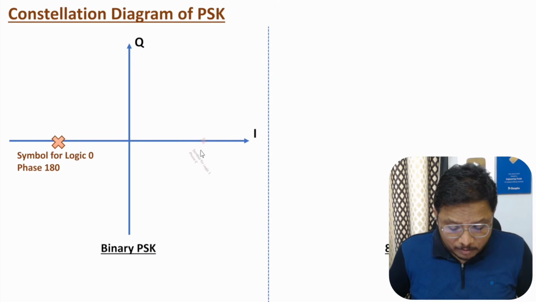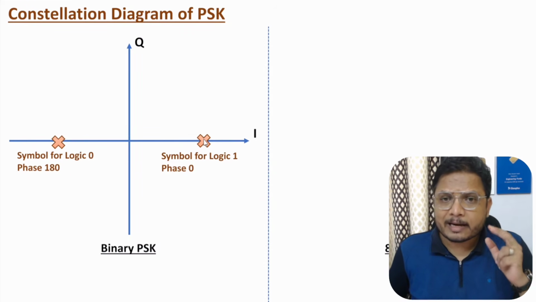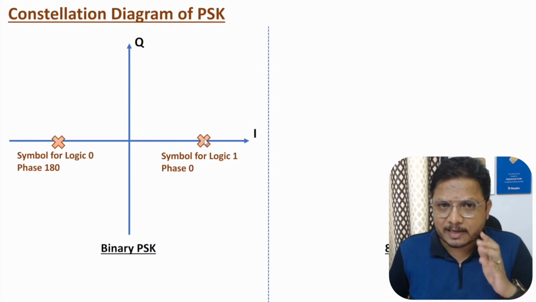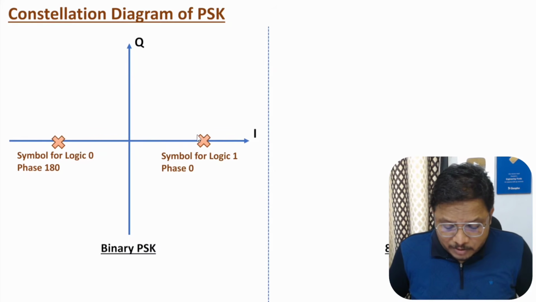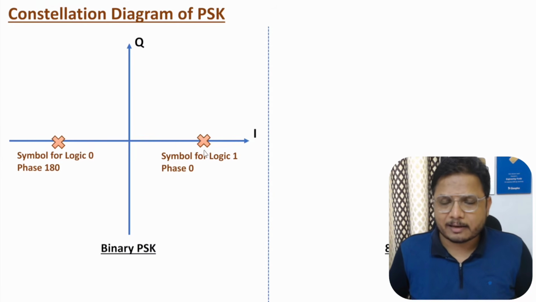And here we have the symbol for logic 1, which has 0 phase. In binary PSK, it is not compulsory for logic 1 to have phase 0. You can take logic 1 over here and logic 0 over here. That is up to the encoder.